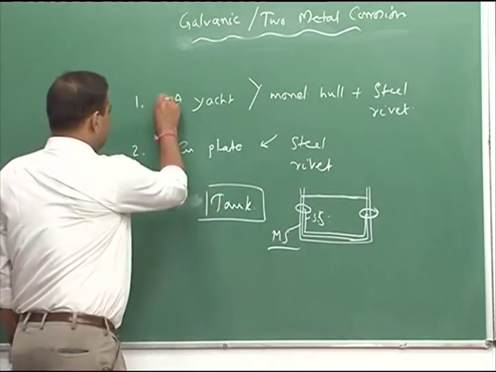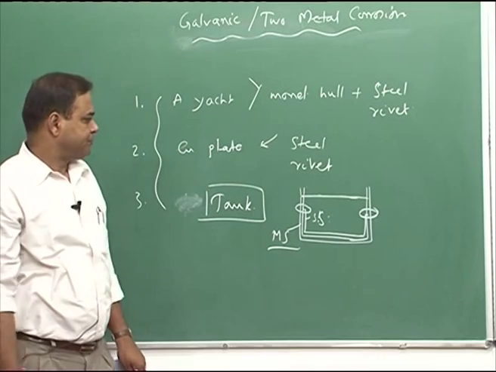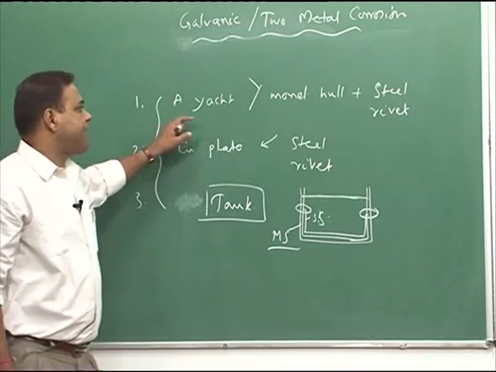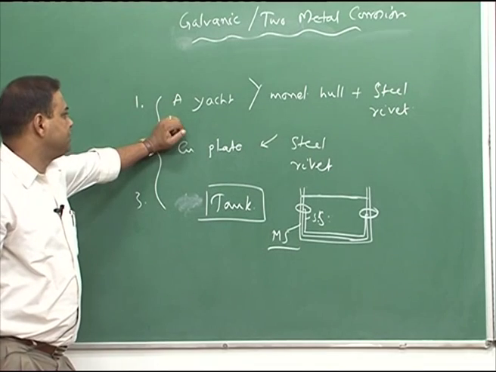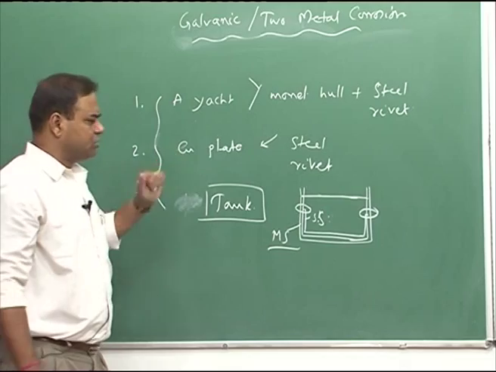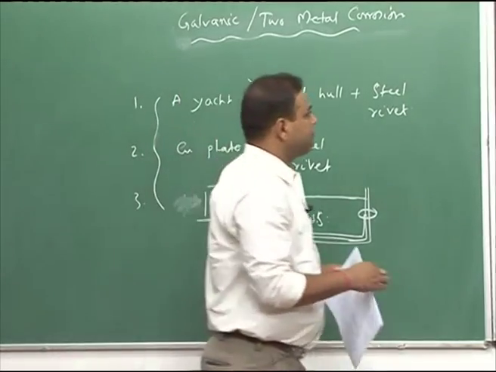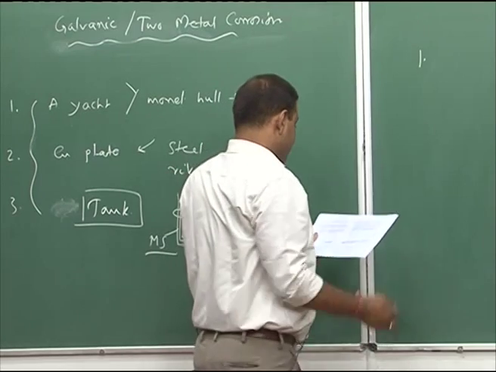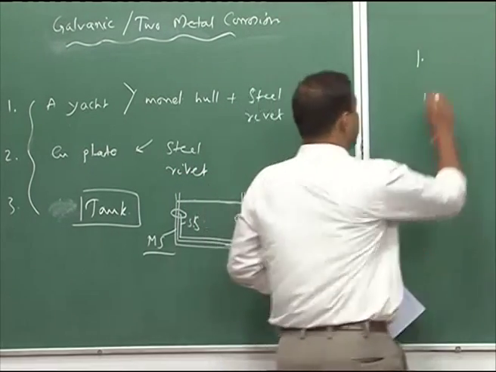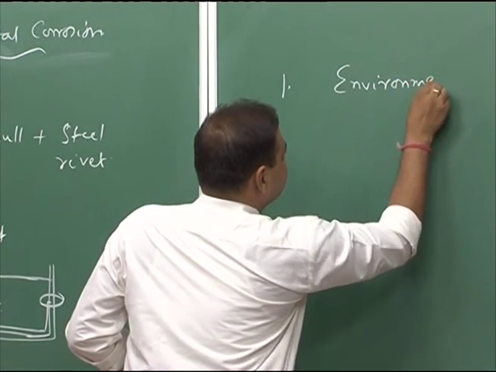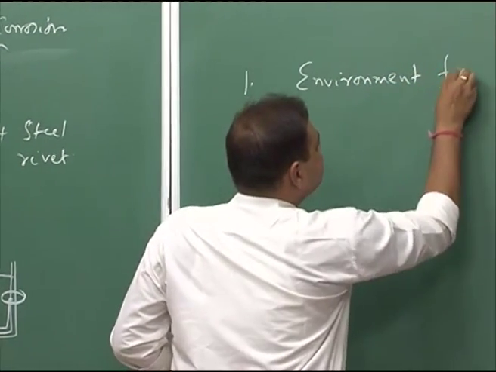Now we have seen all those examples. Until we see what factors are important in galvanic corrosion, we cannot explain much about these observations. There are three major factors. One is environment effect, environment factors.